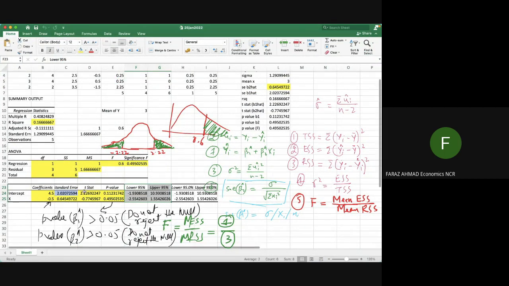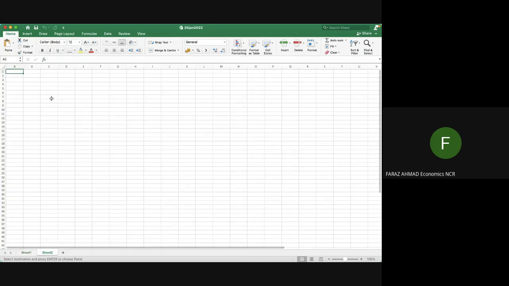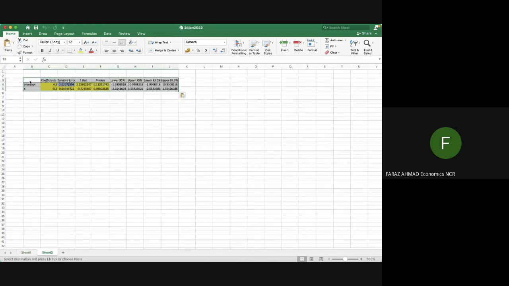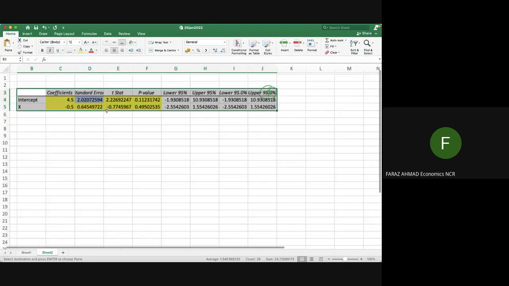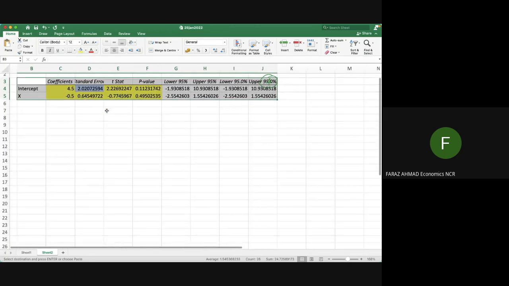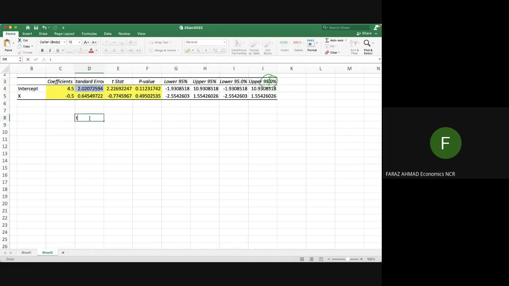Now let me copy this on another sheet. So what I'm going to do is, first I'm going to find T alpha by 2. And T alpha by 2 in Excel, we already know it.